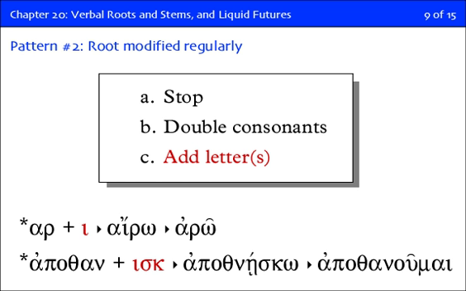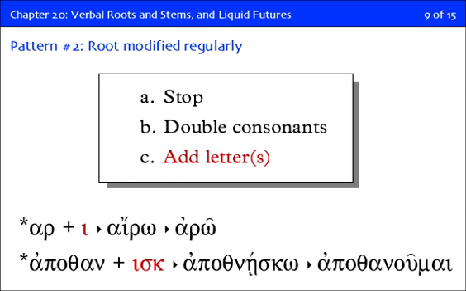Another collection of letters that can be added is isk. So, for example, you have the root apothon, and then you add isk, and a few other things happen, in order to form the present tense stem, and you get apothanesko. So the alpha of the stem dropped out and the iota under the eta, other things happening. But look what happens in the future.